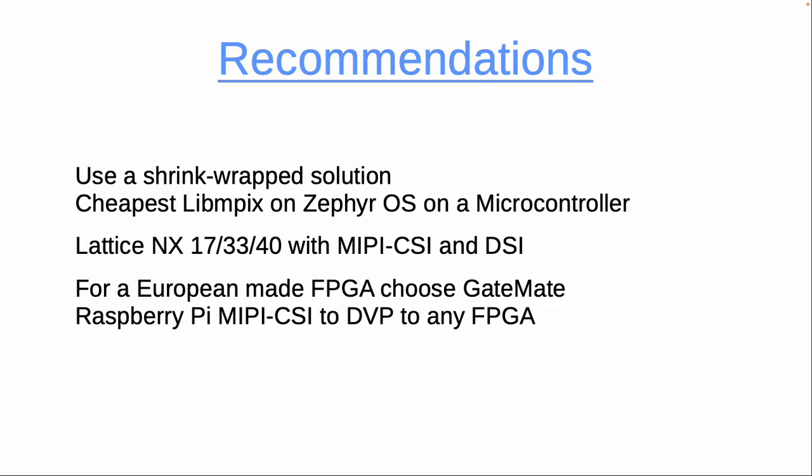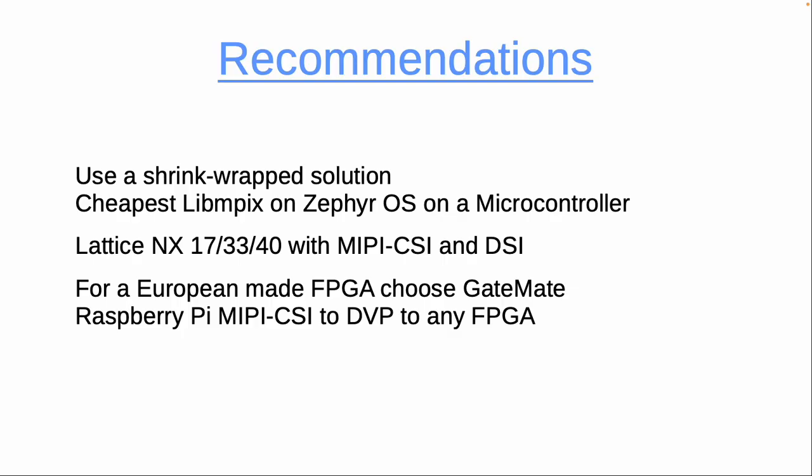Okay, so what are the overall recommendations? This is a very complex field. If you find a shrink wrap solution that does what you need, just use it. That's by far the easiest solution. If you're doing low bandwidth applications, my recommendation is use libmpix on Zephyr OS.